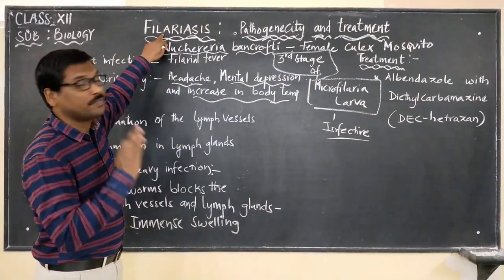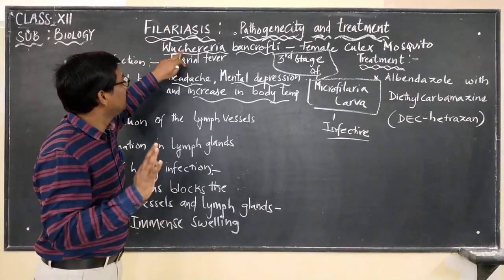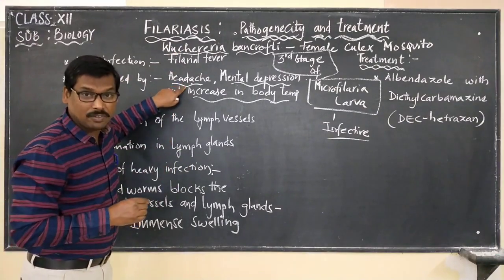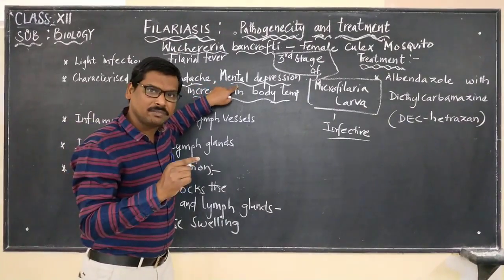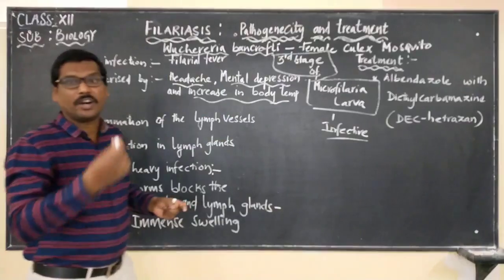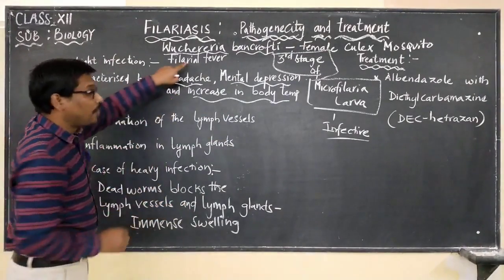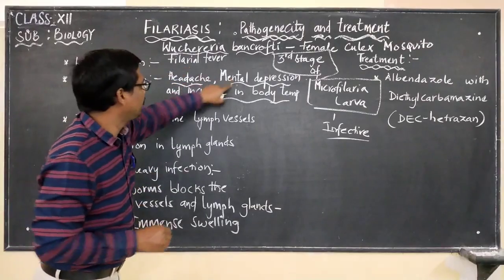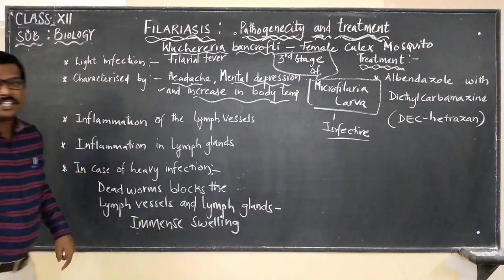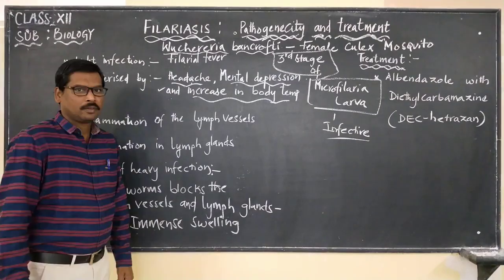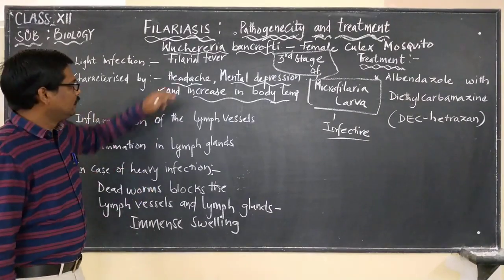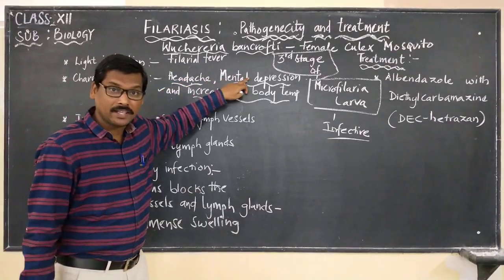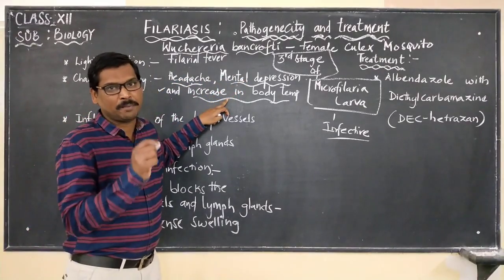It is identified by this combination: headache, mental depression, and increase in body temperature. Please remember that filarial fever is characterized by headache, mental depression, and increase in body temperature.